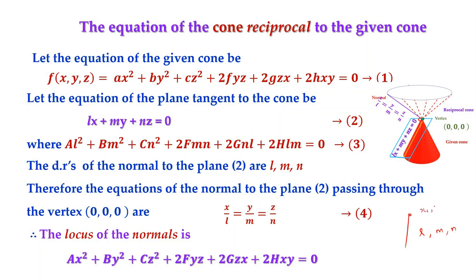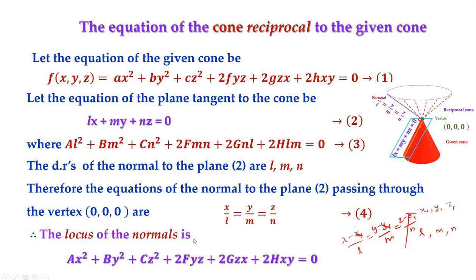So we know already that the equation is given by (x minus x1) by L equal to (y minus y1) by M equal to (z minus z1) by N. In this case the vertex, that point, is 0, 0, 0. So you will have just x by L equal to y by M equal to z by N.